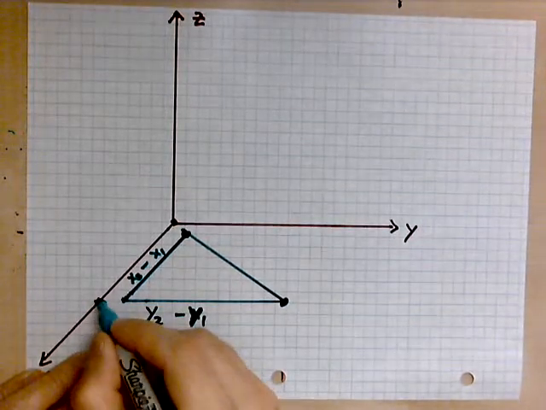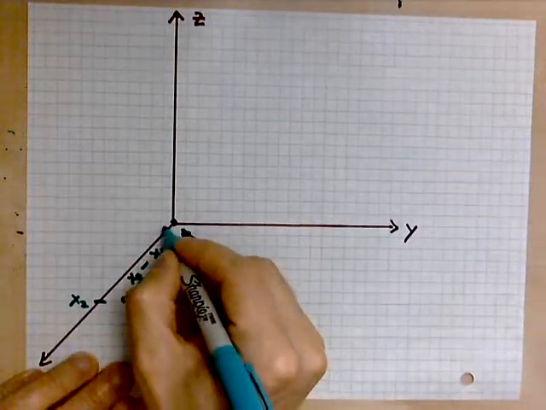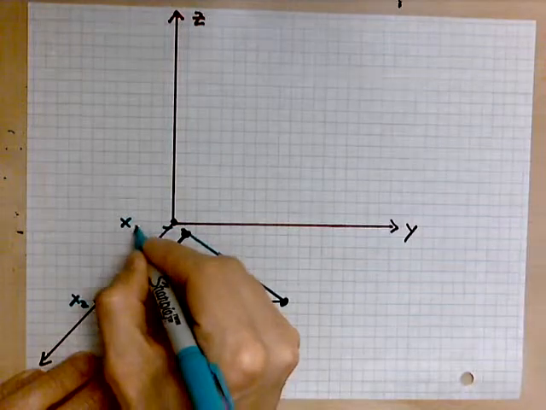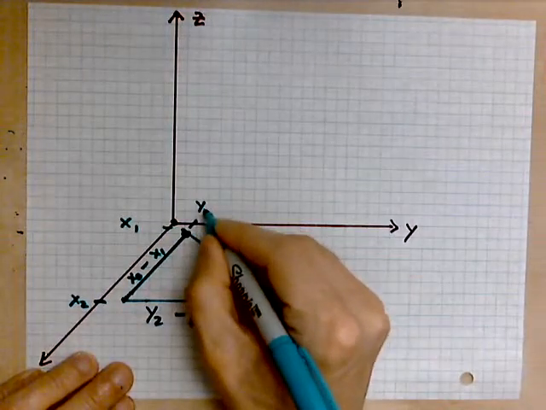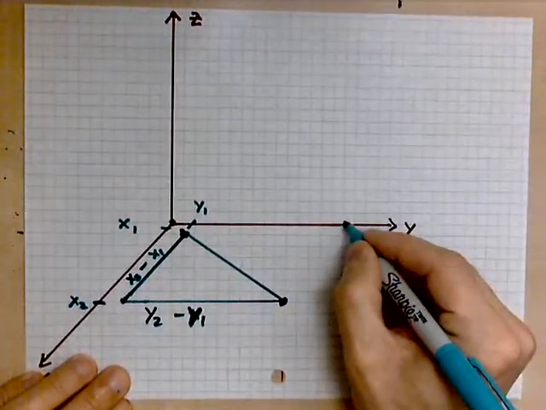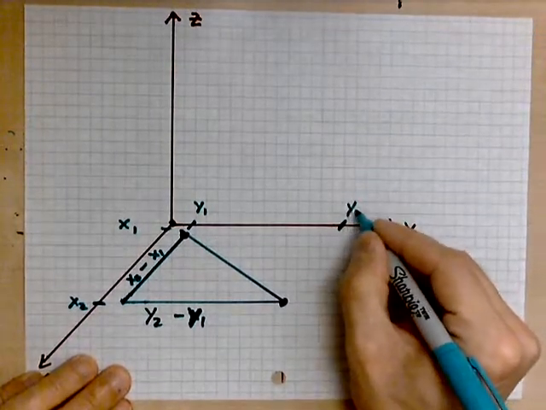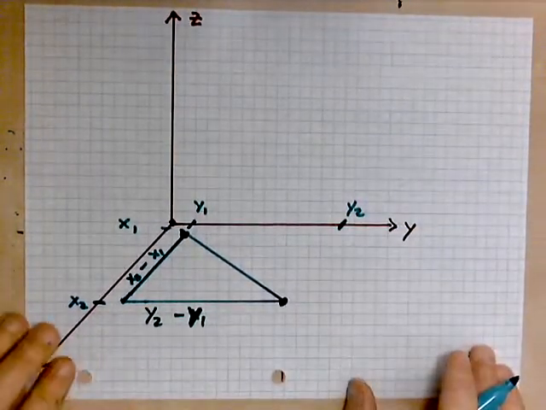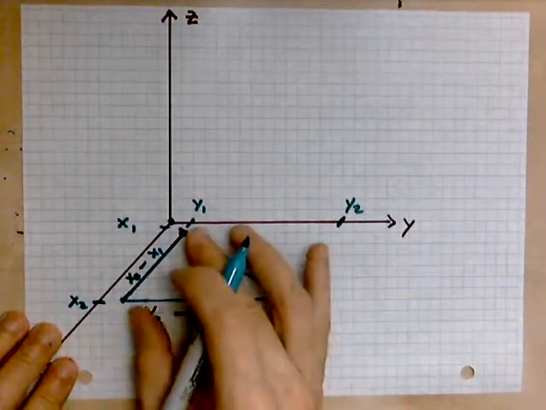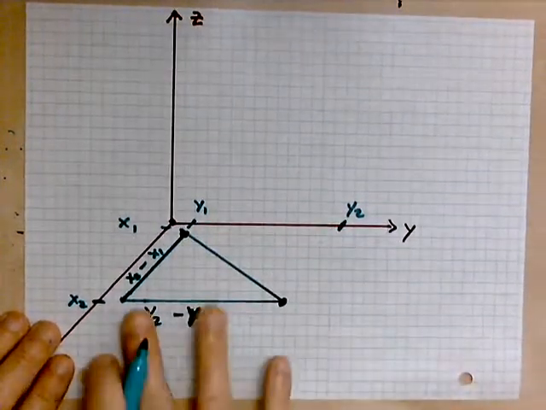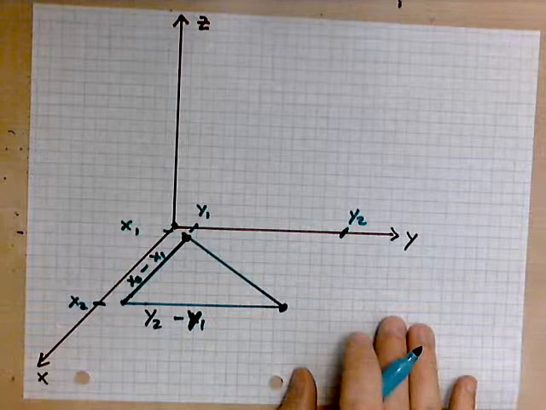So this is your x2. This is x1. This is y1, and this is y2. Okay, so y2 minus y1, x2 minus x1. Some people write this in absolute value.